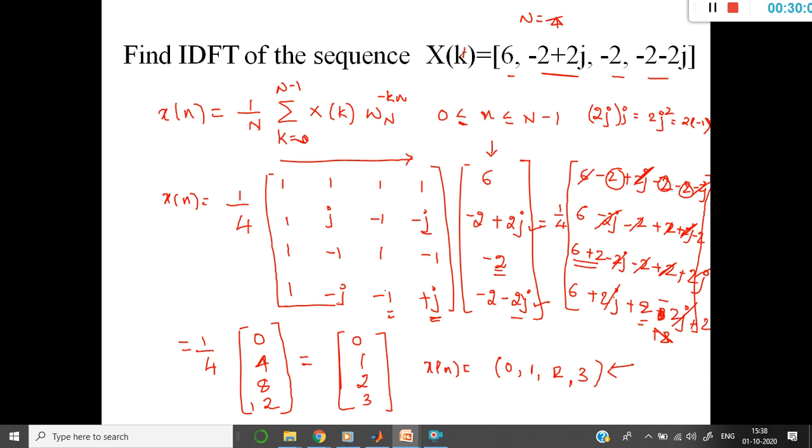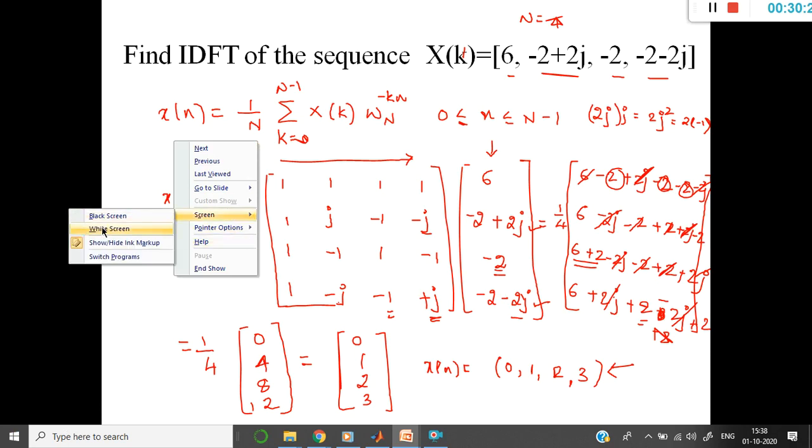If you don't have any doubts, let me give you one small example for homework. Note down the example here. x of k is equal to the sequence 2, 1 minus j, 0 and 1 plus j.